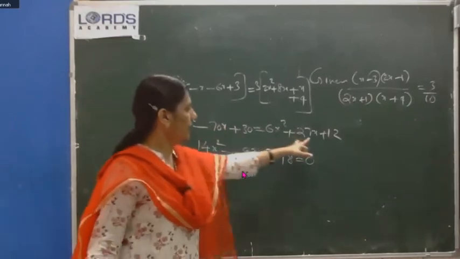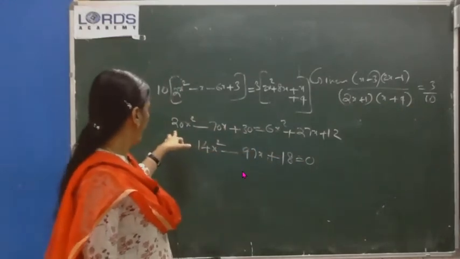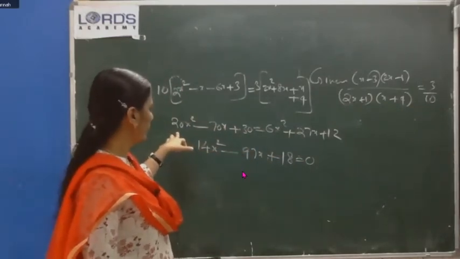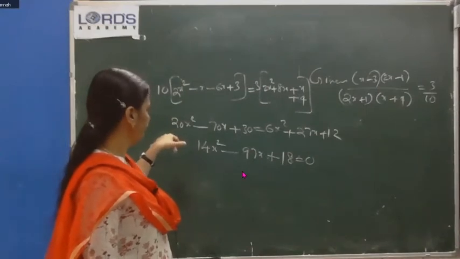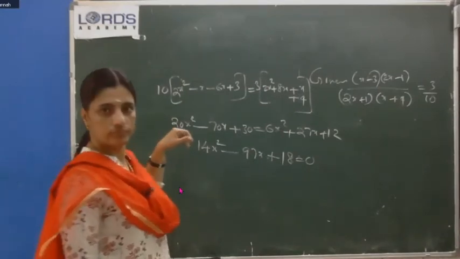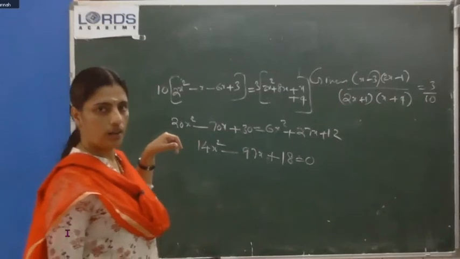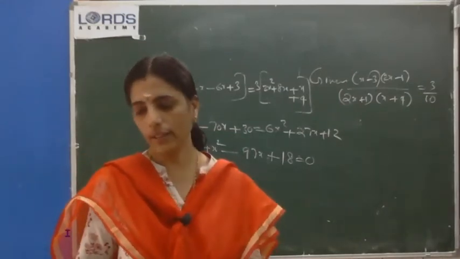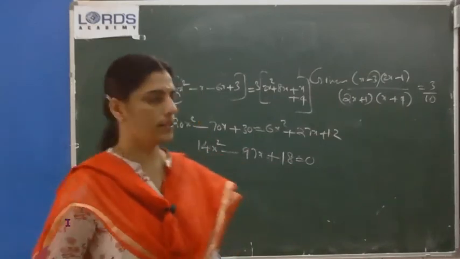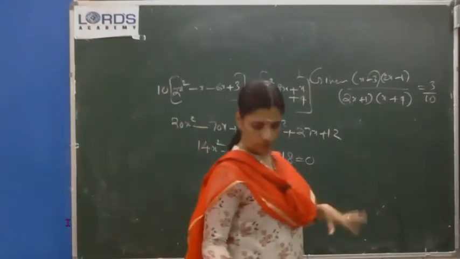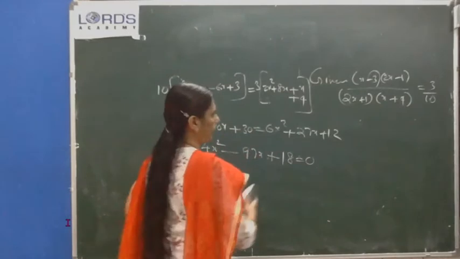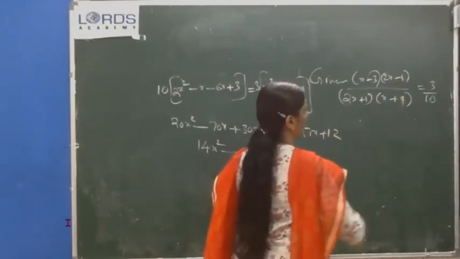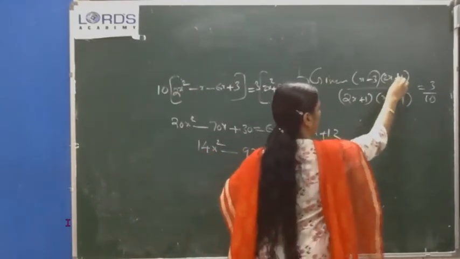This is okay? Oh, thank you. Yes, that is 2x plus 1. So I am rubbing here, this is plus 1. That is my mistake. Thank you.